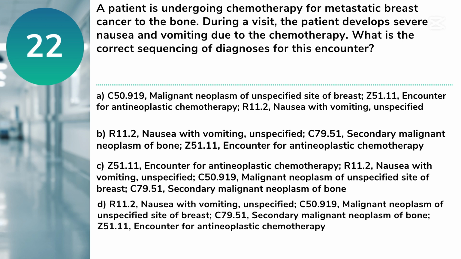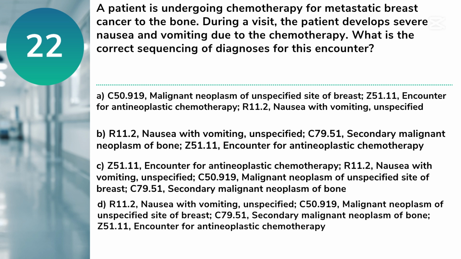A. C50.919, malignant neoplasm of unspecified site of breast, Z51.11, encounter for antineoplastic chemotherapy, R11.2, nausea with vomiting, unspecified. B. R11.2, nausea with vomiting, unspecified, C79.51, secondary malignant neoplasm of bone, Z51.11, encounter for antineoplastic chemotherapy.